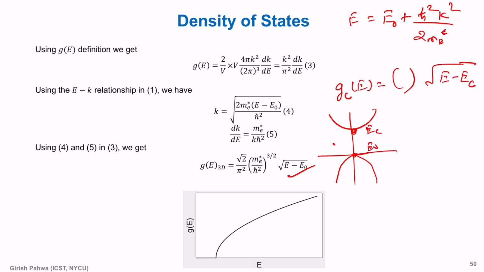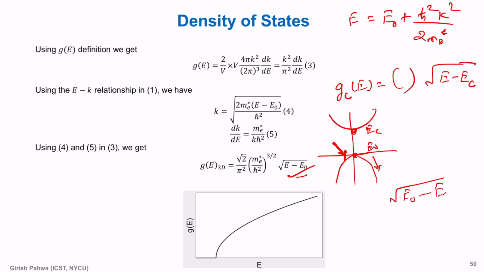Okay, what about when I write the density of states for the valence band? So there is the constant energy surface for valence band. For all the three materials that we saw, it was spherical. Yes. So the same expression will also hold there, but you will have to be a little careful here. So E minus E naught becomes under root of E naught minus E, because now you are going below this energy.